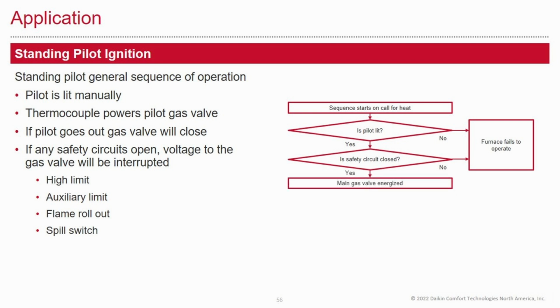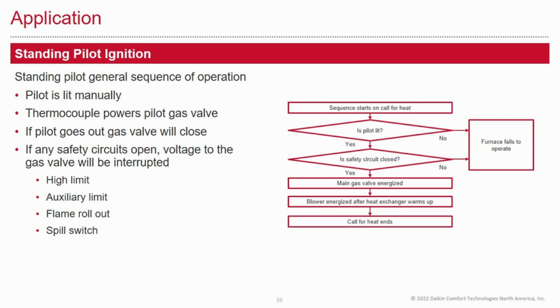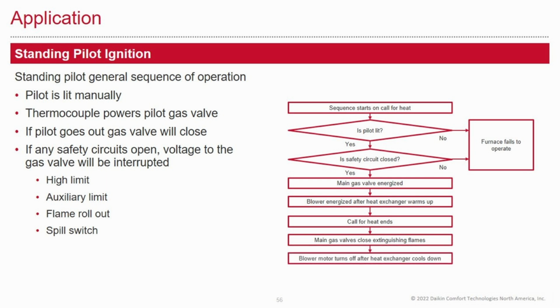If the pilot is lit and the safeties are all closed, the gas valve is energized. The blower energizes after the heat exchanger warms up. Then when the call for heat ends, the main gas valve closes and extinguishes the flame. The blower motor turns off after the heat exchanger has cooled down.